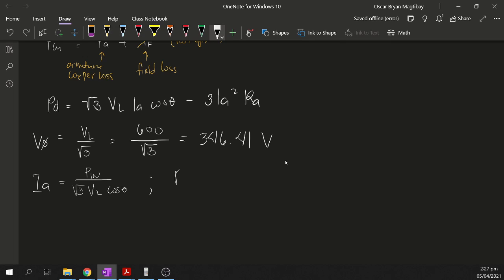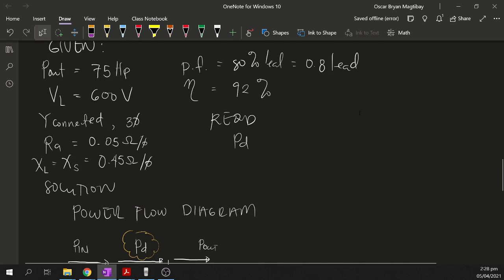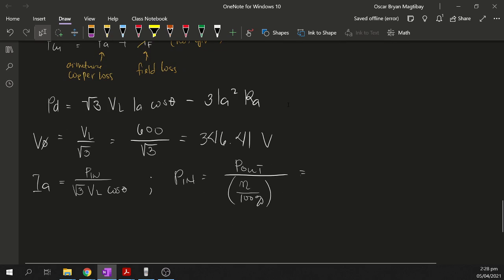Para makuha natin si Pin is equal to P out over efficiency over 100%. So, this is equal to, ano bang P out natin? 75 horsepower times, syempre, kailangan natin ma-convert yung horsepower into kilowatts or watts.